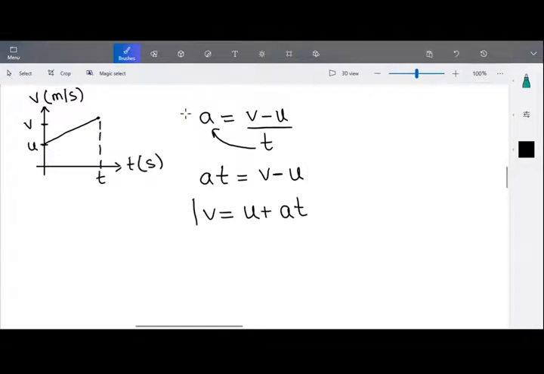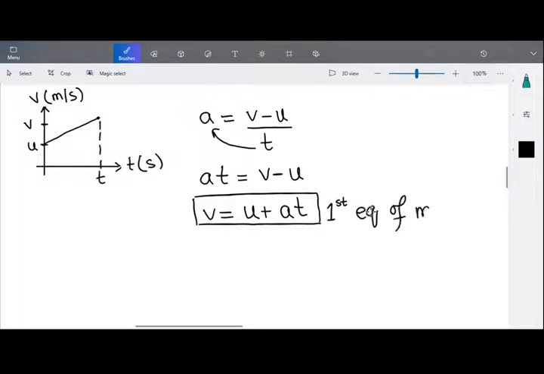Now this equation over here is what will be known as the first equation of motion, right? So you can use this equation if you know the initial velocity, you know how fast the velocity is increasing, and you know for how long this acceleration takes place. You can figure out what the object's final velocity is going to be.